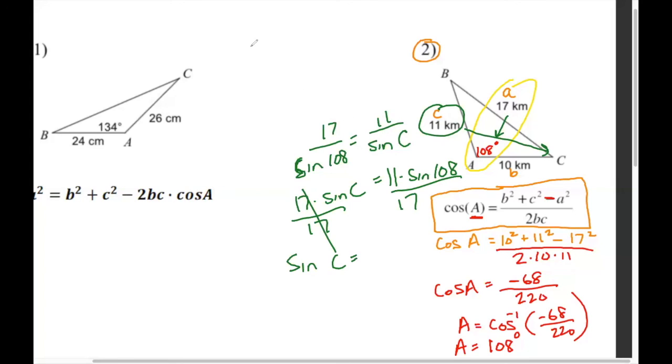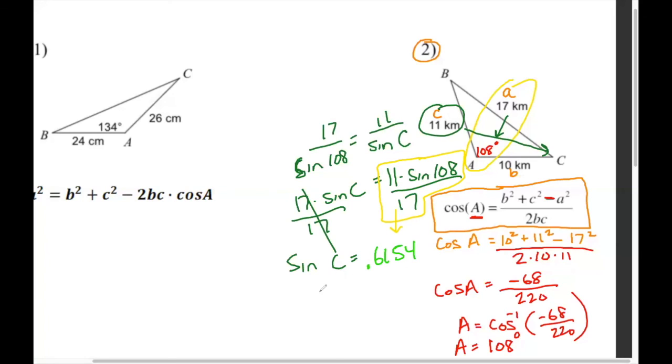Now what I'm going to do is take this entire expression and get a decimal equivalent for it. So I'm going to press 11 times sine 108, enter, divided by 17. We're going to get 0.6154 rounded.